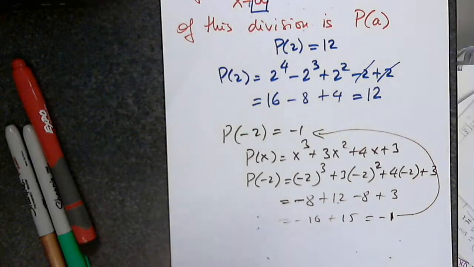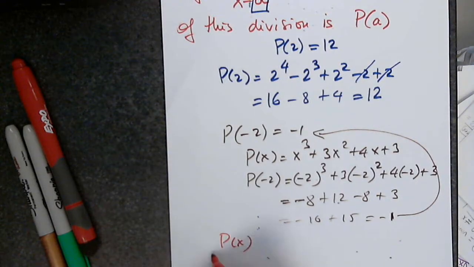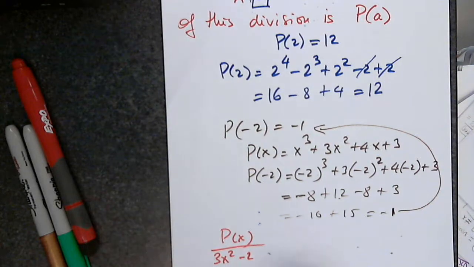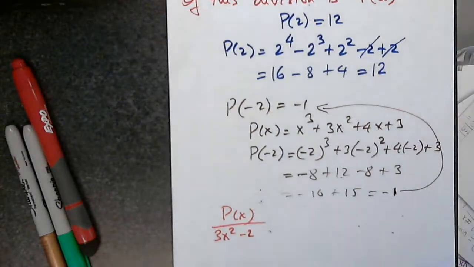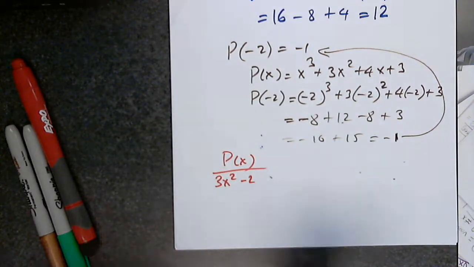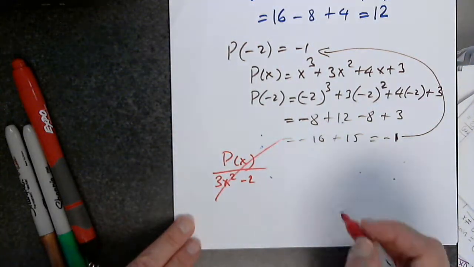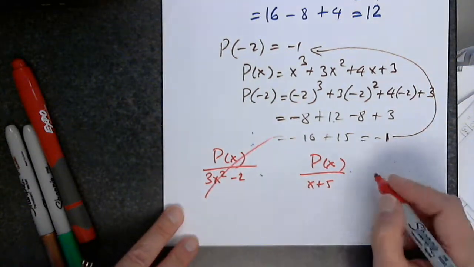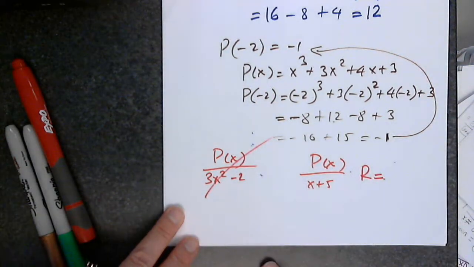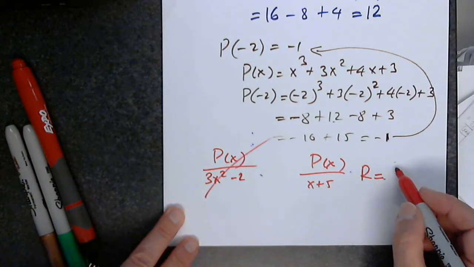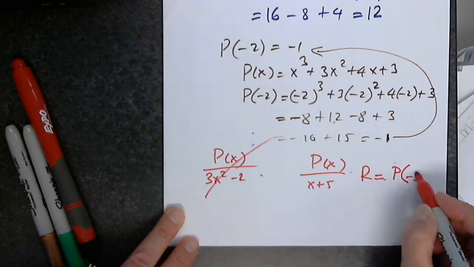But one more time, if I have a polynomial divided by 3x squared minus 2, I cannot check the remainder using the remainder theorem. This will not work. But if I have P of x divided by x plus 5, the remainder must equal P of negative 5.